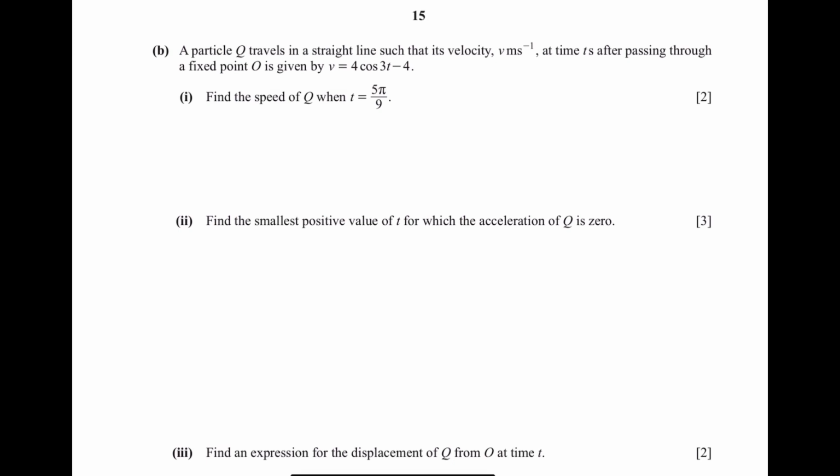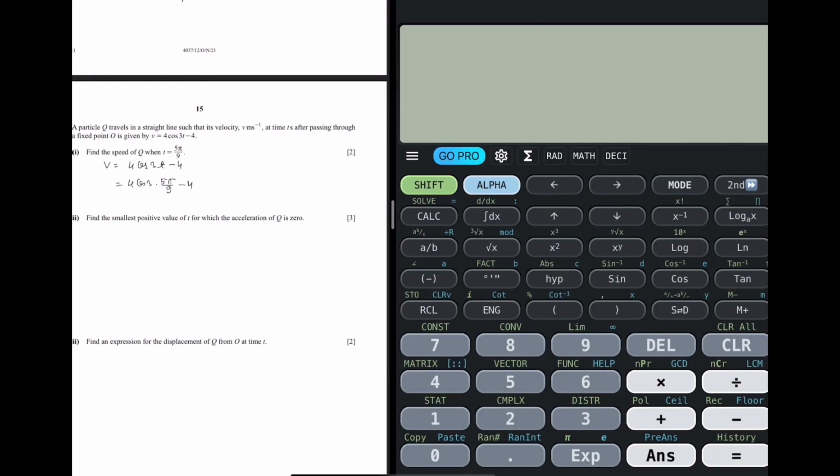It's a very simple case. So v equals 4 cos 3t minus 4. Instead of t, let me use 4 cos of 3 times 5 pi by 9, minus 4. This must be in radian mode.